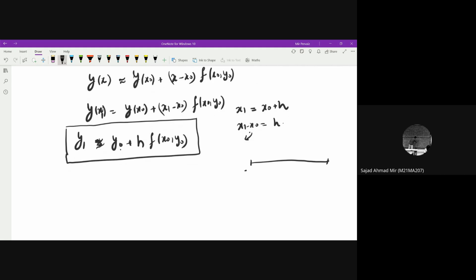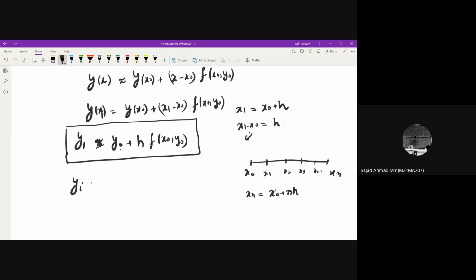Let's say this is x0 and this is your xn. You are moving some steps. This is x0 plus h, that I call x1. There may be x2, x3 and so on, up to xn minus 1, and this is xn. So xn is x0 plus n times h, n steps ahead from the point x0. So you can calculate the value at any arbitrary point yi.